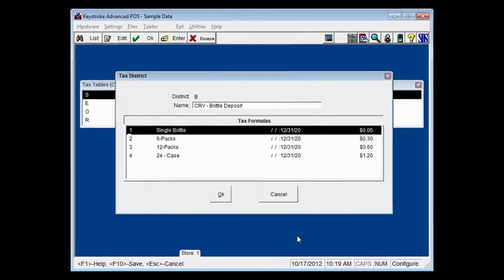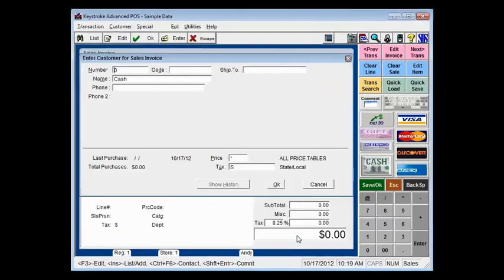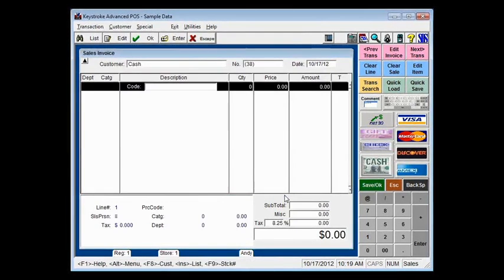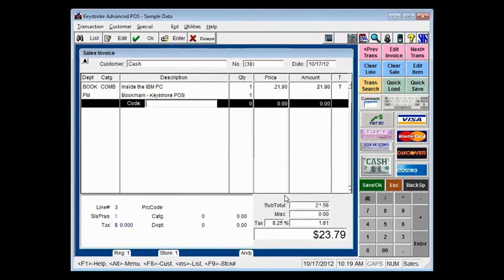So I want to give you an example here by going into Sales Manager, and we're just going to use the regular cash customer who has a tax table of S, state and local. So we're going to sell them a book here, and they get a free bookmark. Notice it's taxable at the 8.25%.